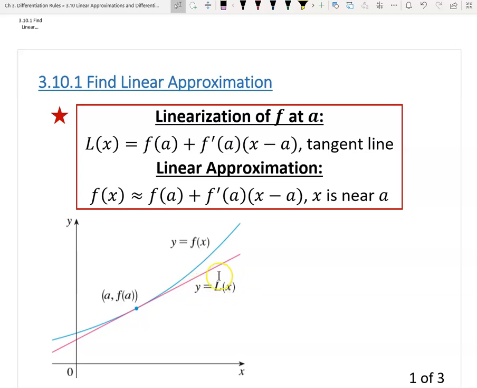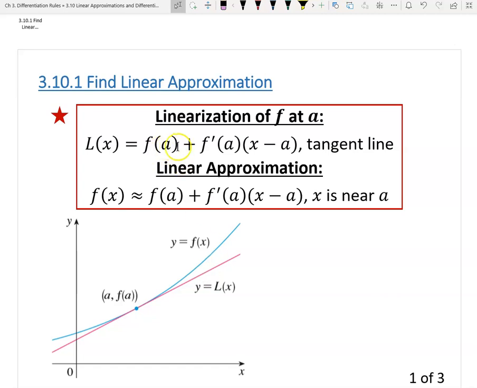And the tangent line, we set up y equals L(x). So L(x) we call the linearization, which means if we zoom in on the curve just around this point, we can do approximation just using the tangent line. So that's why we call it the linearization.